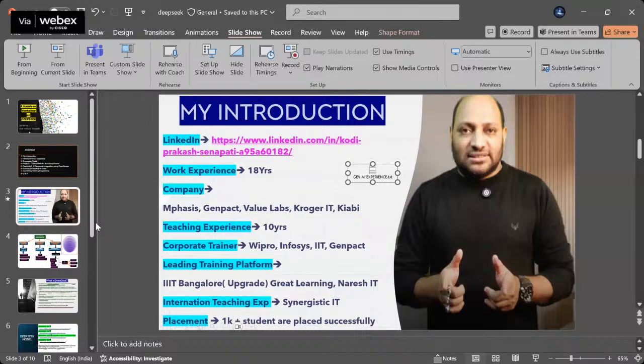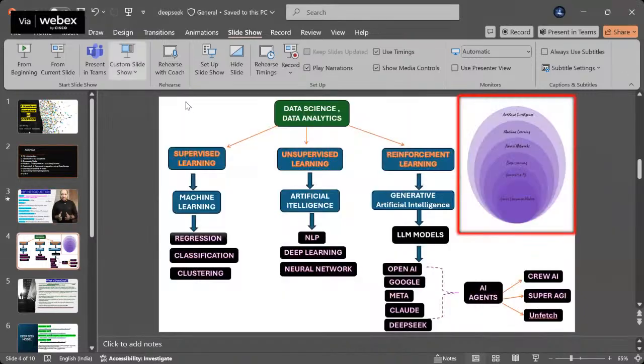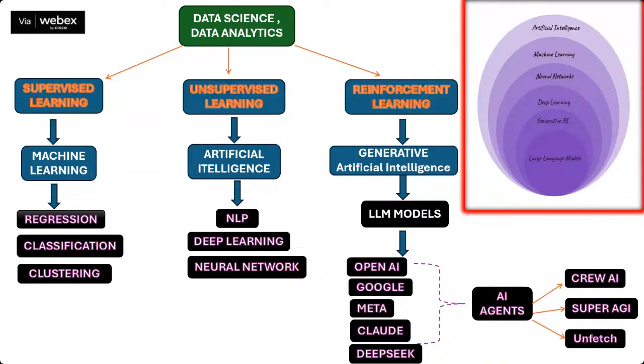Next one, let me hide this now. I want you to see this high context diagram here. If someone is looking at data science and data analytics, normally we split the data into three parts: supervised learning, unsupervised learning, and reinforcement learning. Before I go into DeepSeek, you need to know why we need to study DeepSeek.